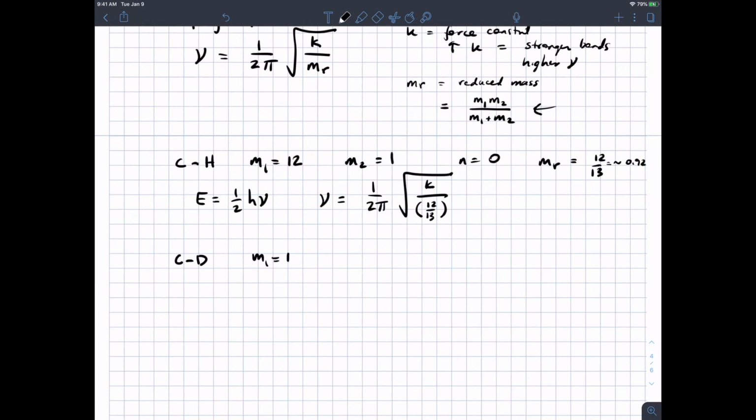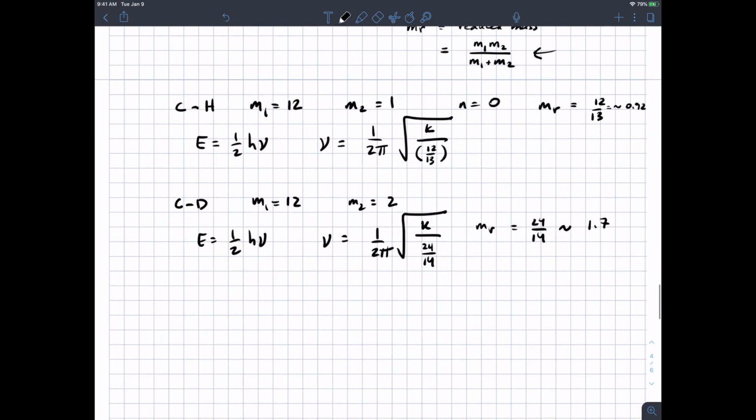So M1 is equal to 12, M2 is equal to 2. So energy equals 1/2 h times nu, where nu equals 1 over 2 pi times the square root of k divided by the reduced mass. Now mr for this new situation, I've already run the numbers so you don't need to worry about it, is actually 24 divided by 14, or approximately 1.7-ish.